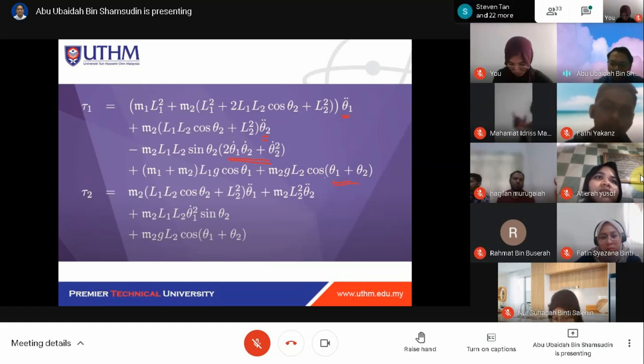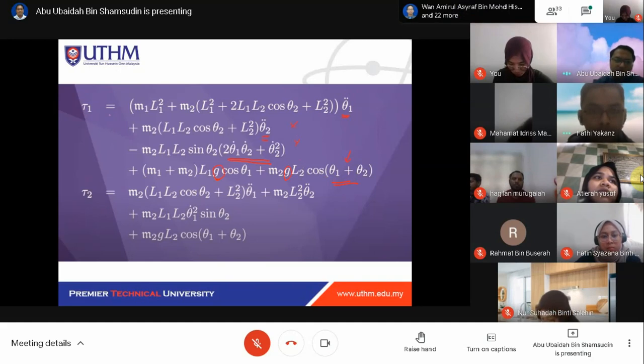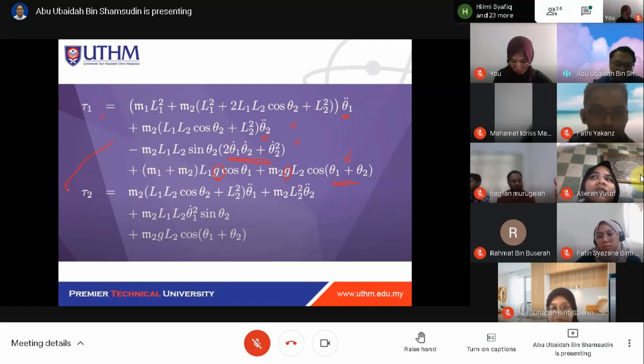Okay, and the position is affected by gravity. So this term is affected by gravity. This one is not affected by gravity. This one is not affected by gravity. Okay, so this is your robot joint. This is for tau 1, which is for joint 1. This is for tau 2, which is for joint 2.